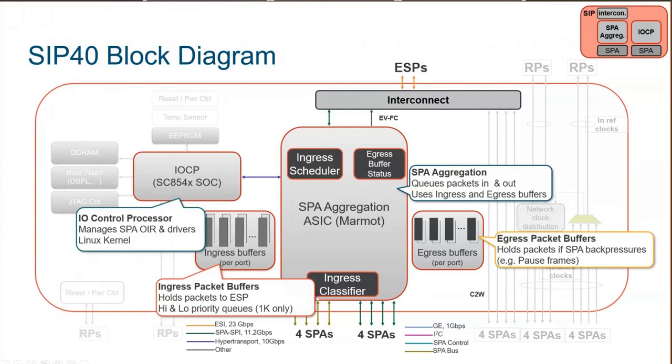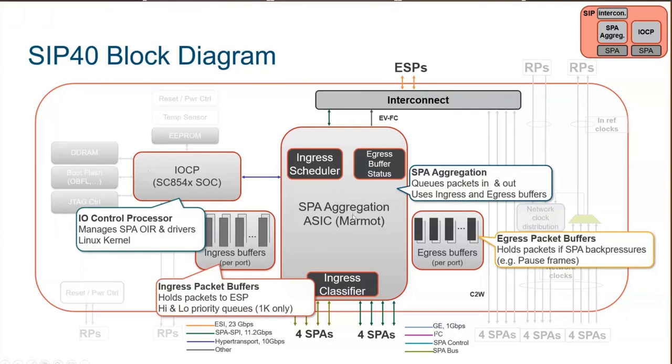We have the SPA ASIC, which is called Marmot, and it has an ingress scheduler which helps in buffering and classification of packets. IOCP is the control processor of the SIP module. It runs drivers and a Linux kernel.